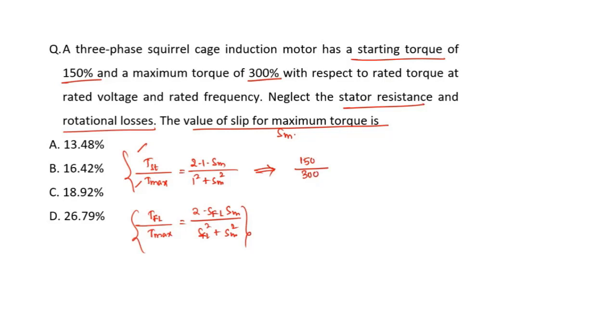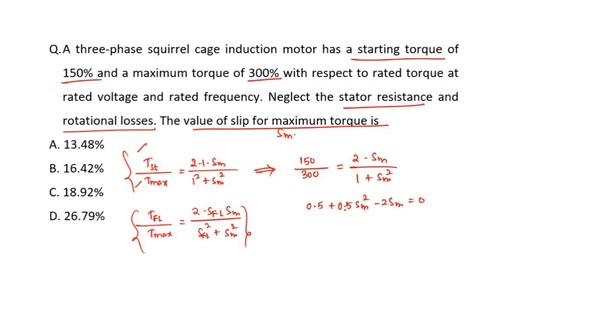You can take it as 1.5 divided by 3 also, no issues. It equals 2 into Sm divided by 1 square plus Sm square. So 1.5 divided by 3 comes out as 0.5. So 0.5 into 1 plus Sm square equals 2 Sm.